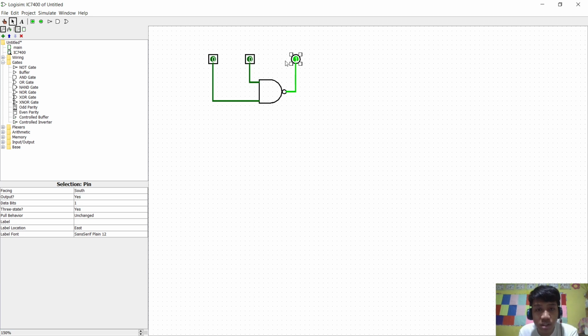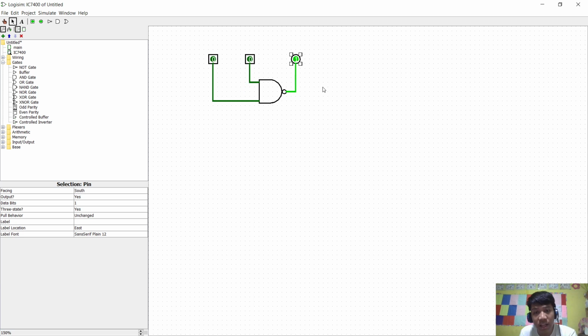And as you can see, we have an output of 1 instead of 0. In the previous circuit, if we inputted both 0, the output would also be 0. But in this case, it will be 1. Why? Because it is a NAND gate.